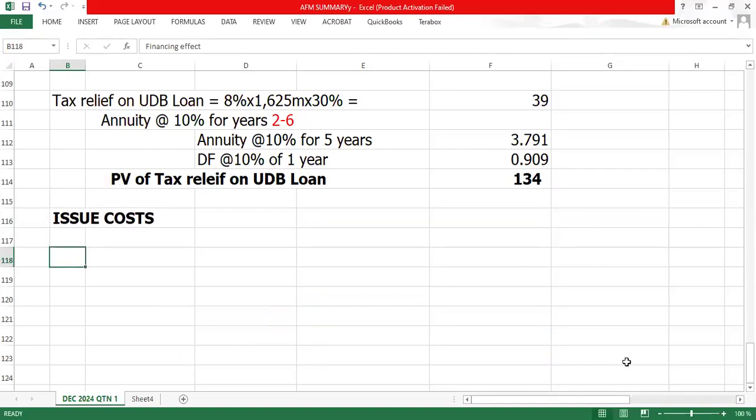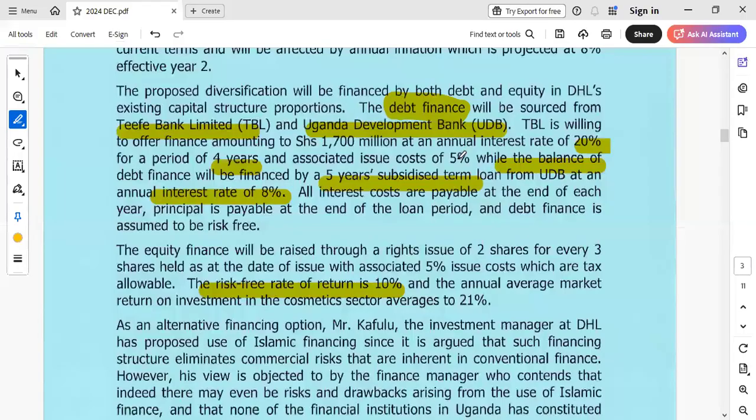And what are they telling us for issue costs? They told us that this loan is associated with issue costs of 5%. Now, guys, as you get a loan, there are other costs you may incur as you process and secure that loan.